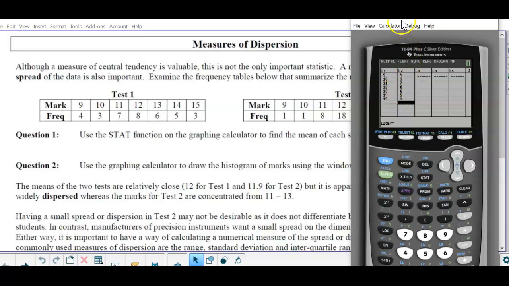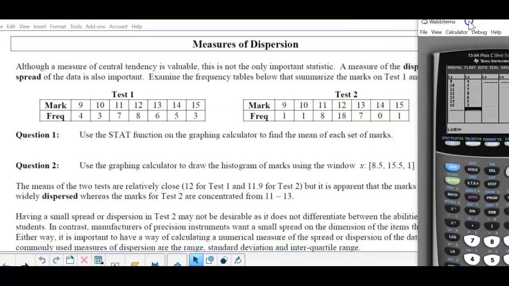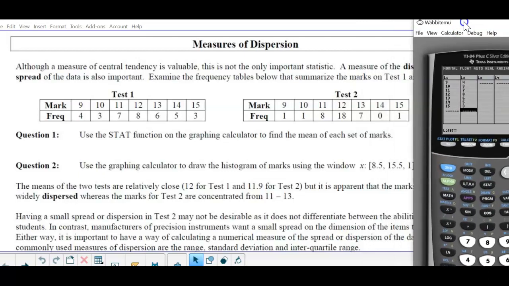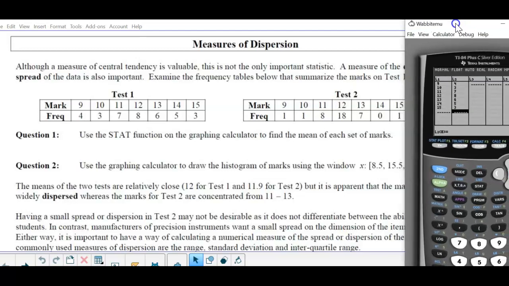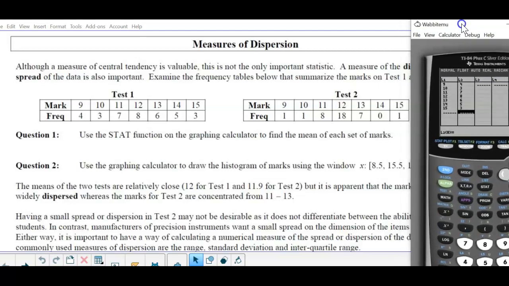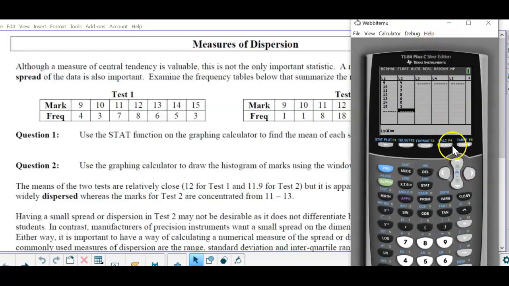Now, take a look at test number 2. The data values are all the same. So your calculator is kind of nice. You can save yourself some work. So for test number 2, L1 are all the data values. So for frequency for test 2, I'm going to put those into L3.